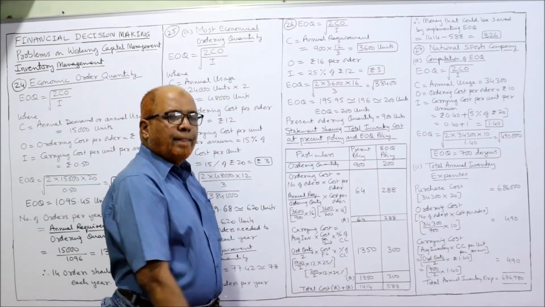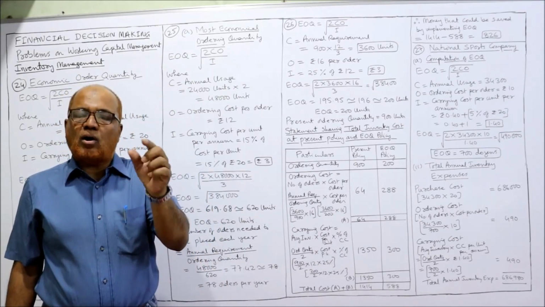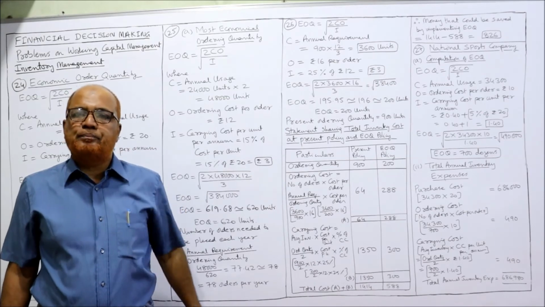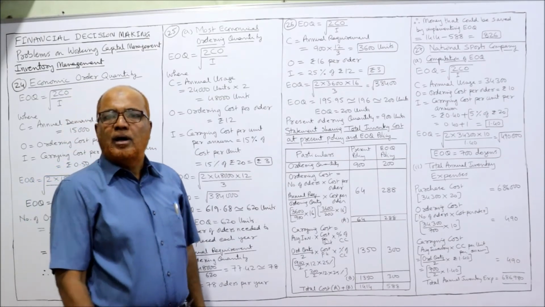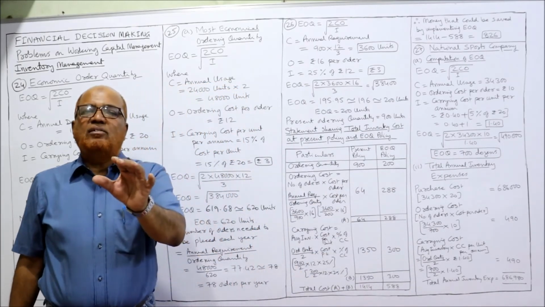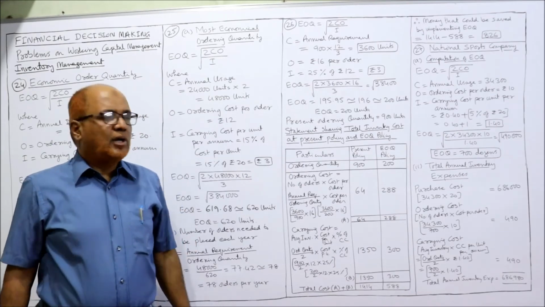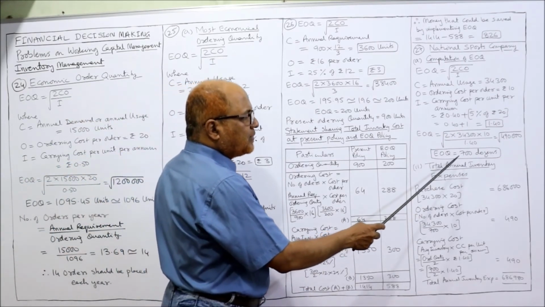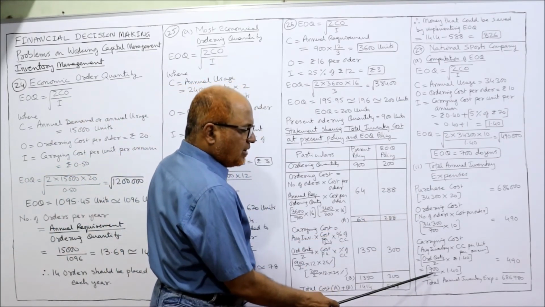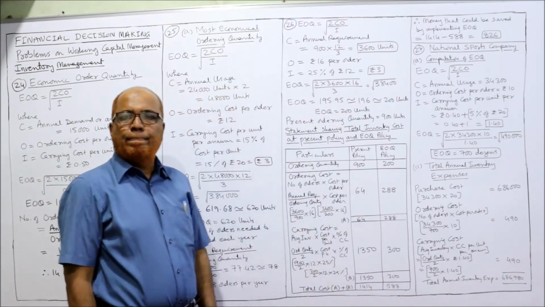Now carrying cost. The formula for carrying cost, average inventory into carrying cost per unit per annum. How much is the carrying cost per unit per annum? 1.40. Average inventory means ordering quantity divided by 2. So how much is the ordering quantity here? 700. So 700 divided by 2 into 1.4, it is 490.